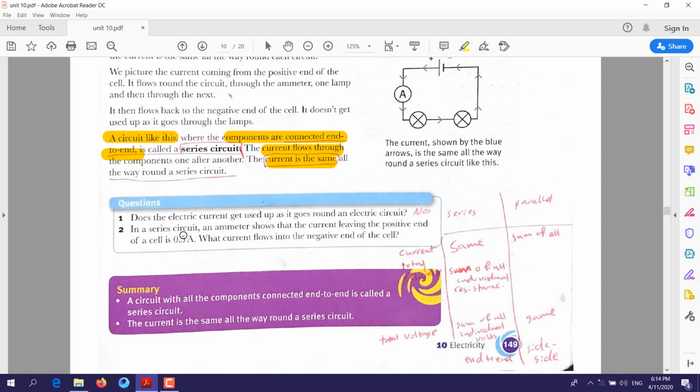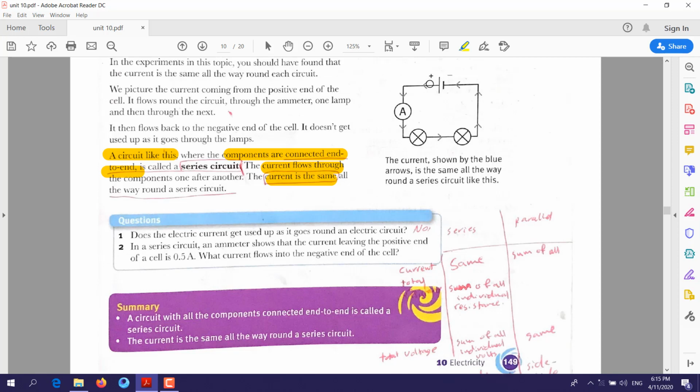In a series circuit, an ammeter shows that the current leaving the positive end of a cell is 0.5 ampere. What current flows into the negative end of the cell? Let's say you don't have these two lamps, just the positive and negative ends. The electric current will pass from positive to negative, as we mentioned before.